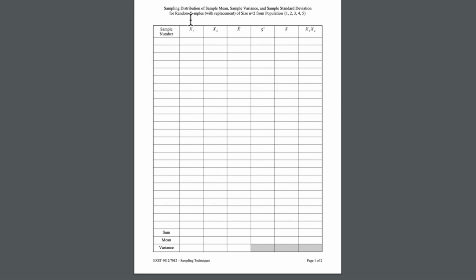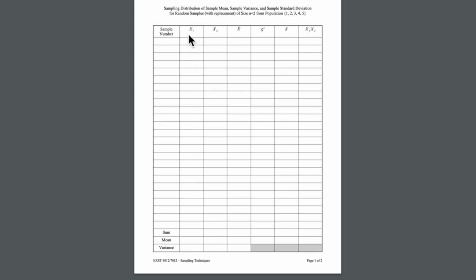And in fact, here is the actual template, empty. This is what was available on Moodle. What I wanted you to do in working this problem set is to use this template to organize your work. Notice that we've got enough rows for all 25 samples of size 2.